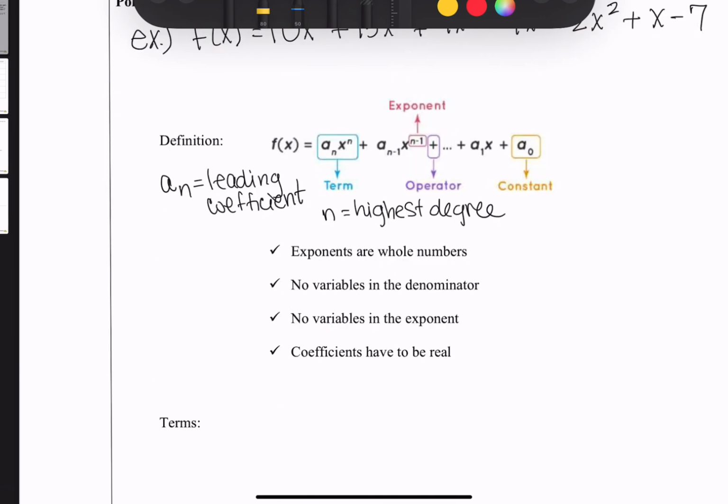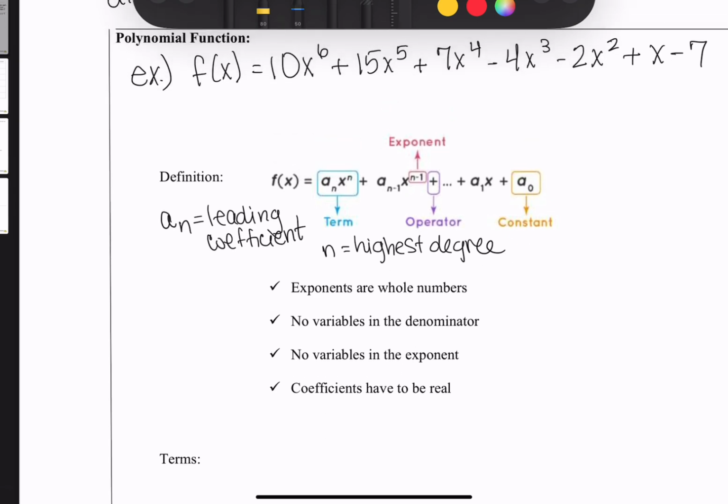In between these terms, my first term is a sub n x raised to the n power. My next term is a sub n minus 1. So if my first term was the 6th degree term, then n minus 1 is my 5th degree term, right? So a sub n minus 1 in my example above would be 15, and x raised to the power n minus 1 would be 1 less degree than my leading term, so that's going to be a 5.